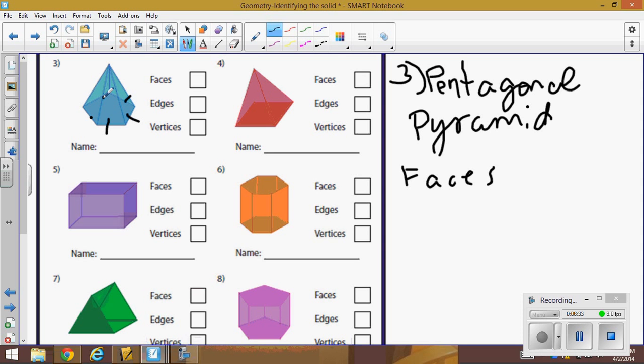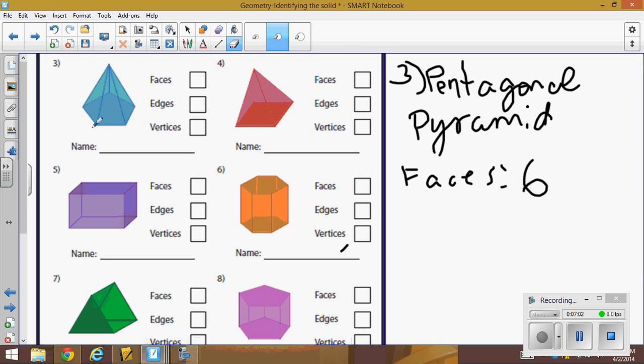Those 5 sides are faces, meaning triangle 1, triangle 2, triangle 3, and there's 2 more in the back that you can't see if I cover it up. So this side is 1, this side is 2, this whole side is 3, this side is 4, that side is 5. But you can't forget the bottom, 6. So total faces and bases, 6.